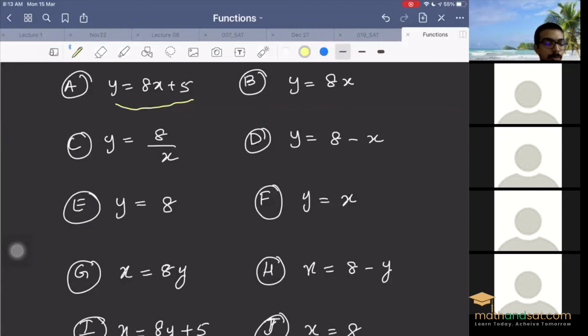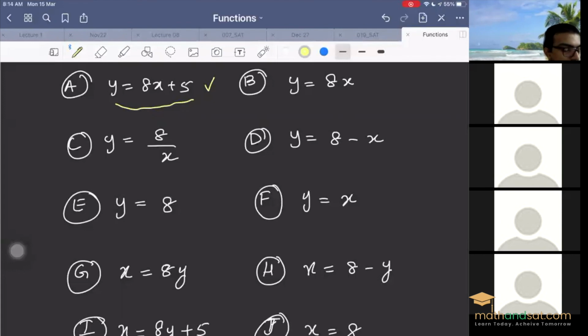Yes or no? I'm waiting for an answer. Yes, this represents a linear function.